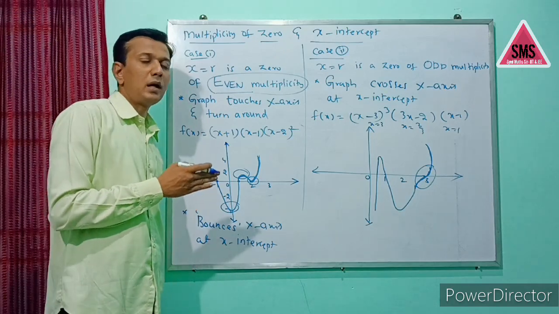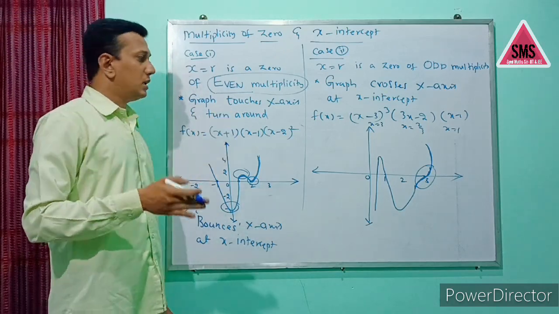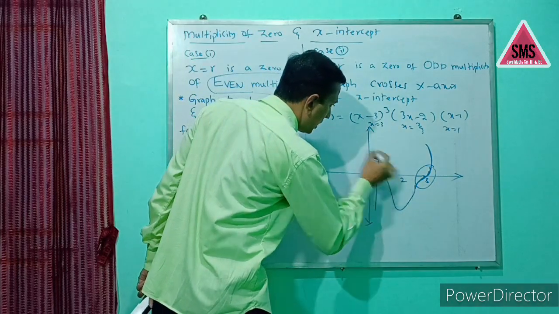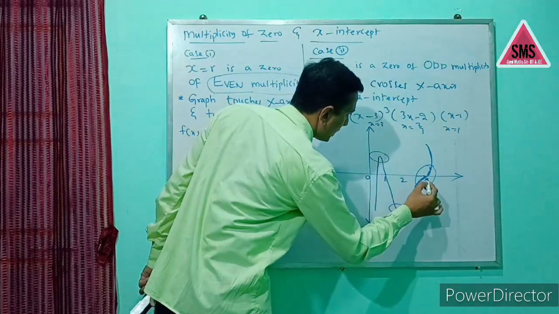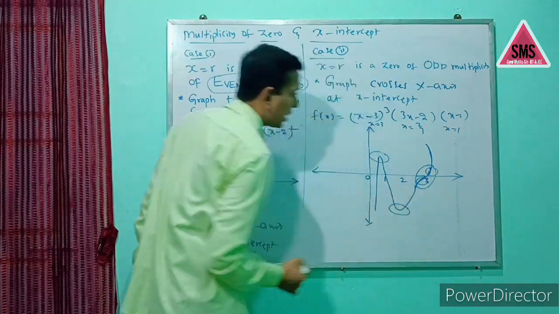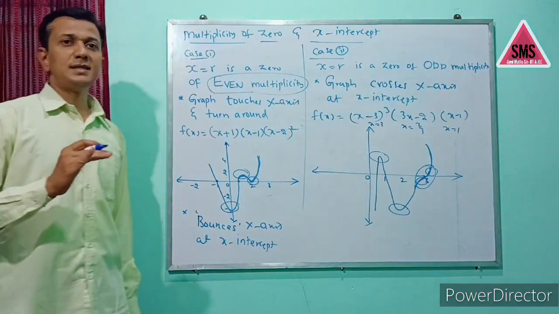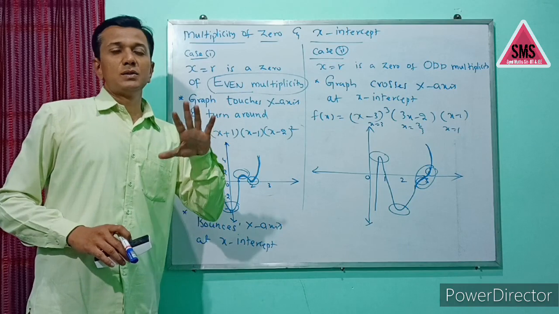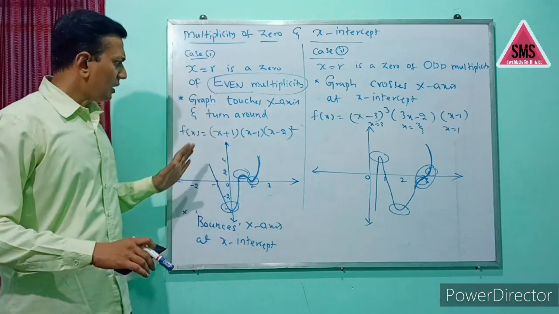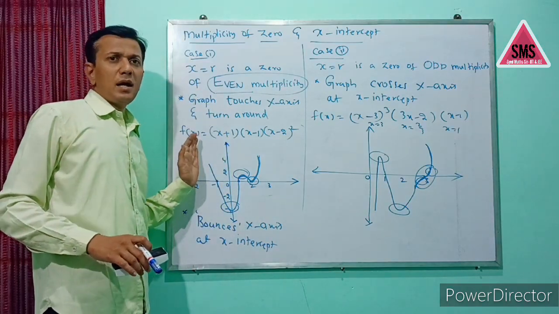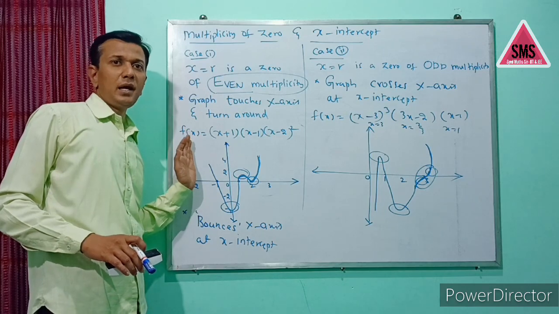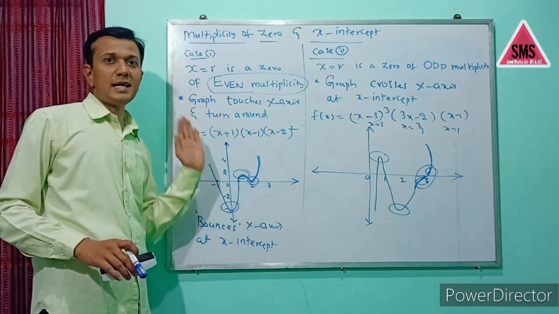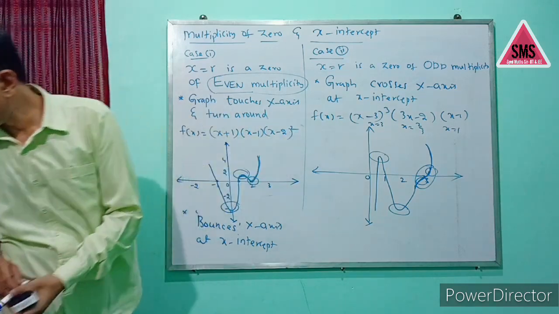Just like when you are moving on a road, you take a U-turn, it is taking a U-turn here, a turning point. Here also one turning point. So what do these turning points indicate? Whenever the function goes from increasing to decreasing, that means rising to falling.